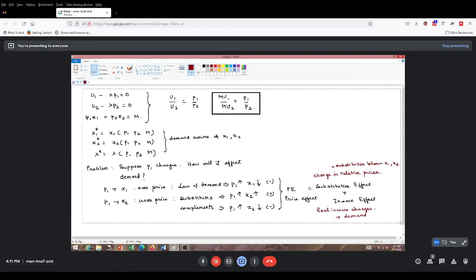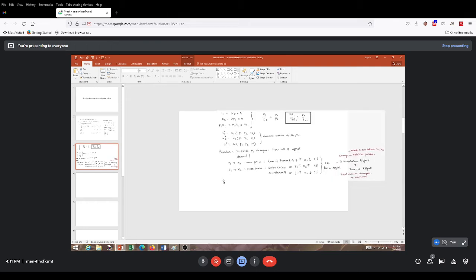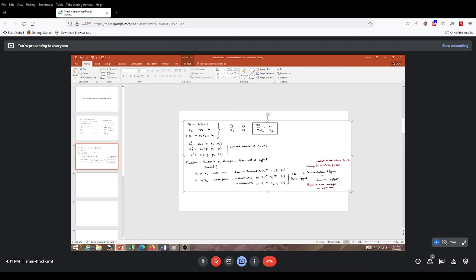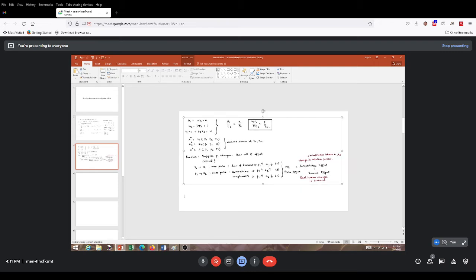Now we are going to show how the price effect is decomposed.